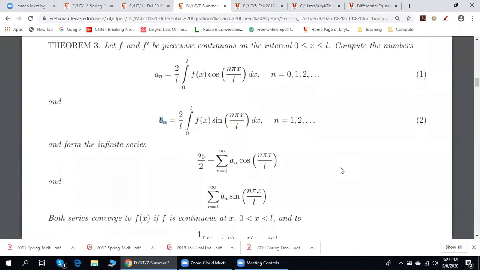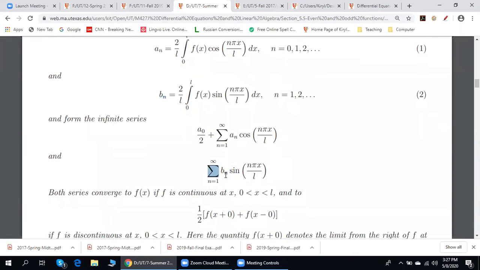We just discussed way number 2. This is an infinite series on sines only. However, the same function can be written as this: infinite series of cosines only plus a0 over 2.